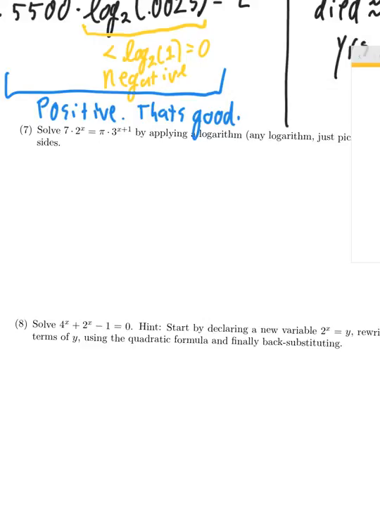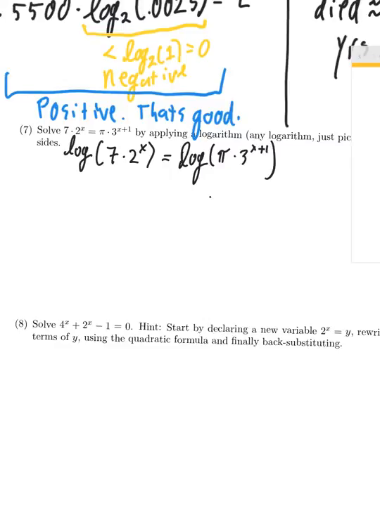So let's write this down. Applying a logarithm to both sides, I'll get log, I won't even specify the base, of 7 times 2 to the x is equal to log of pi times 3 raised to the x plus 1.